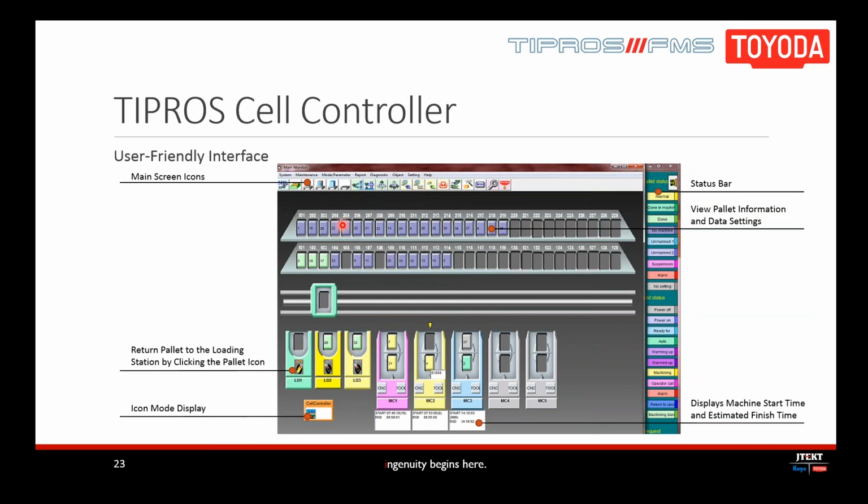Second level would be 200. And if we had a third level, it would be a 300. So here we have pallet numbers. The pallet numbers will correct itself every time the RGV moves a pallet. This is RGV. This moves pallets from the buffer stations to the loading stations or to the machine.